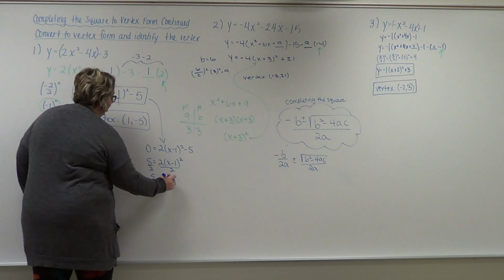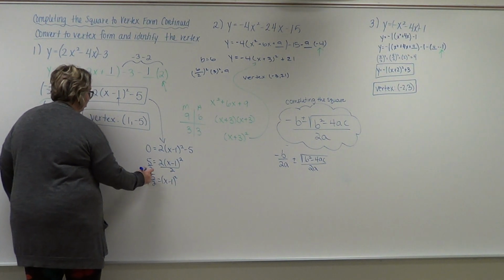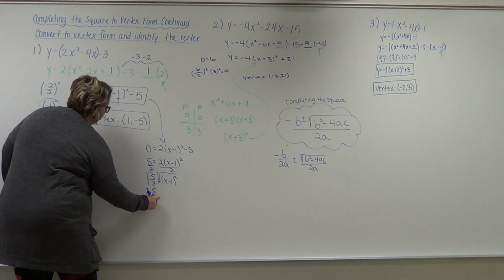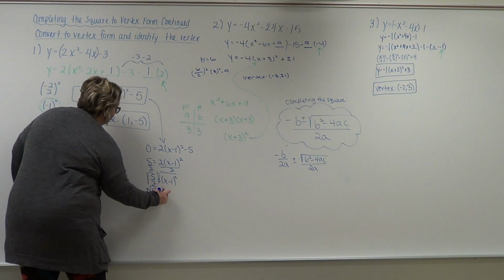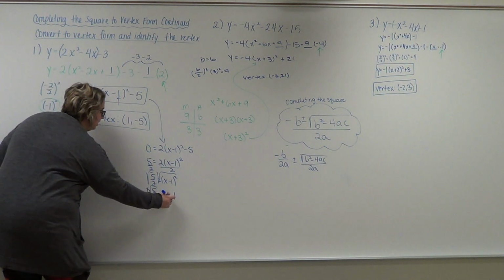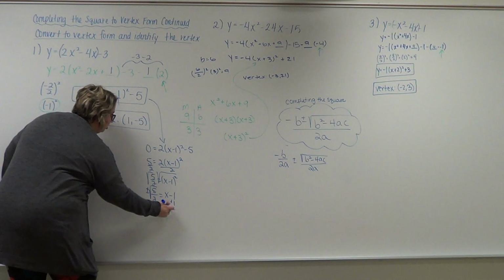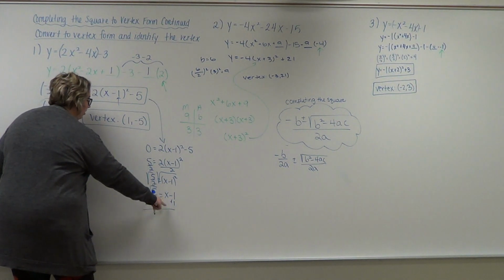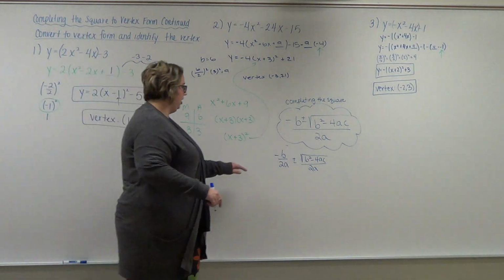Has anybody figured out why the sign changes yet? And what do I do now with this number? It gets added to the other side. So when I solve for x, when I get x by itself, this number right here gets moved to the other side. So that accounts for a negative.